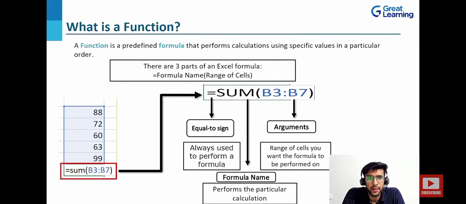Now that you have understood the formula, let's move a step ahead and understand what a function is. Basically, a function is a predefined formula that performs calculations using specific values in a particular order, right? So a function is also a formula, but it's predefined inside an Excel workbook so that it makes the task easier for the user.